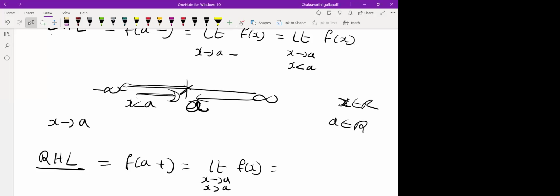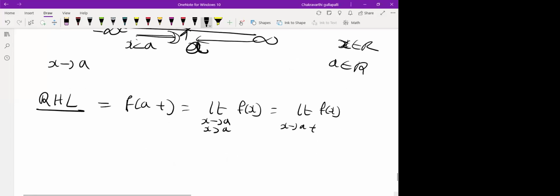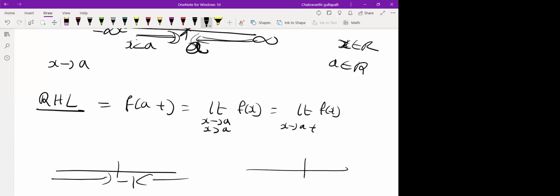It is also denoted by limit x approaching a plus, another notation for this. a plus does not mean a is positive. x is moving towards a from the right side. a can be negative. If it is negative, x can move from the left side or from the right side. If it is positive also, it can move from the left side or from the right side. Two sides are there. So whether a is negative or positive, it will have two approaches.